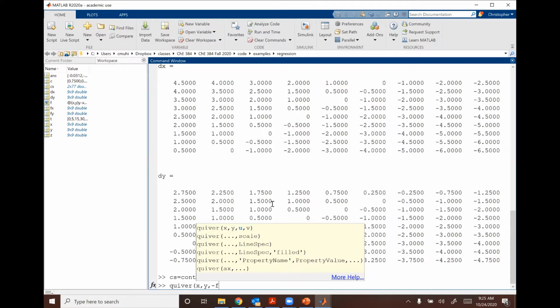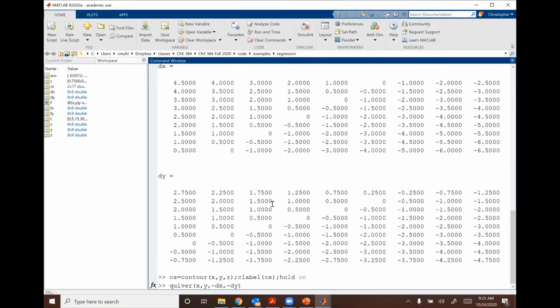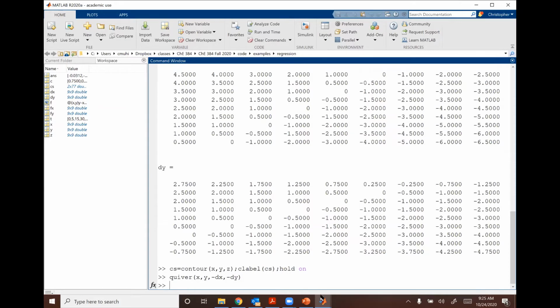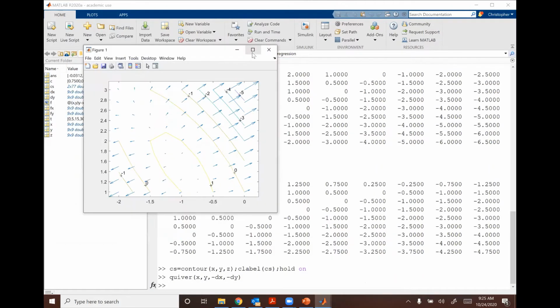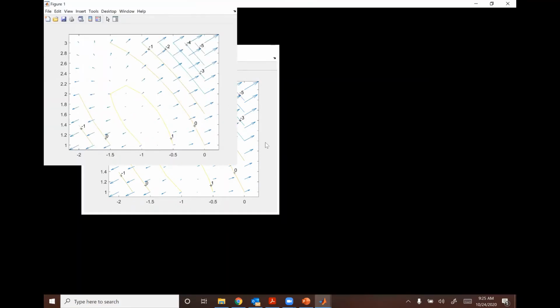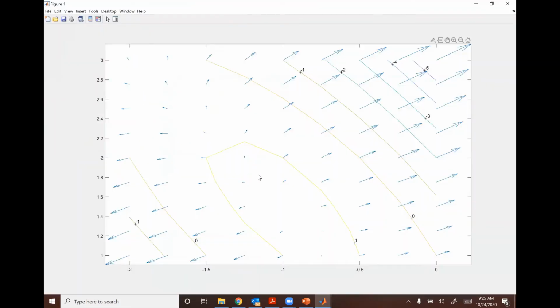So I'm going to put in a negative dx and negative dy, just so it points downwards instead of upwards. So when I hit enter, I can pull back up my contour plot.